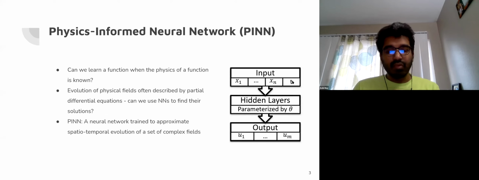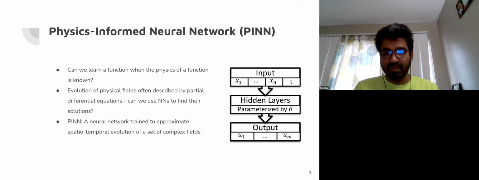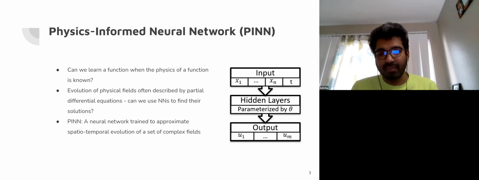This takes us to physics-informed neural networks. How can this feature of neural networks be useful for learning physics? As we have seen in early physics textbooks and research, in many cases we are concerned with the spatiotemporal evolution of physical fields, like electromagnetic waves and the Maxwell's equations that describe them.